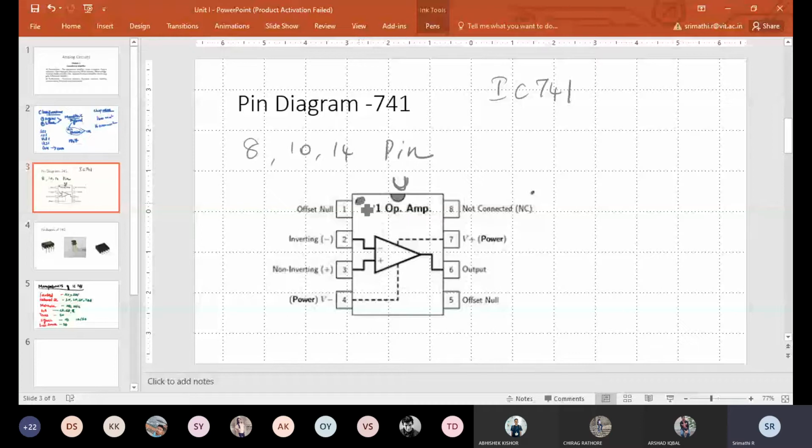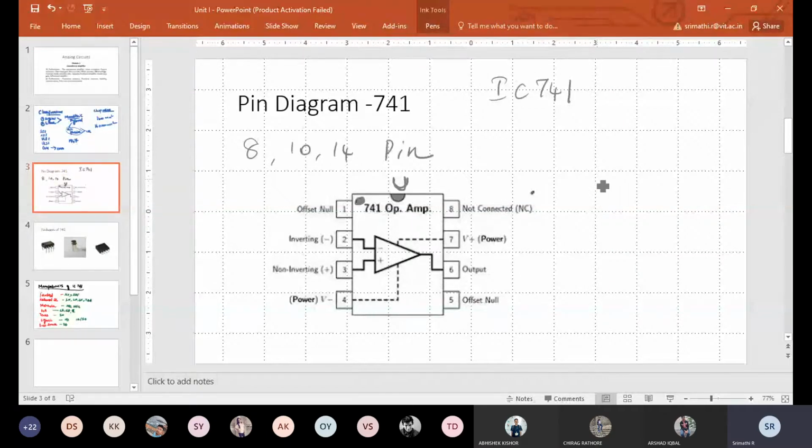From that left-hand side you will be counting pin numbers 1, 2, 3, 4, 5, 6, 7, 8, of which pin number 2 is the inverting input. Pin number 3 is the non-inverting input, and 6 is the output. The power supply is given at pins 4 and 7.